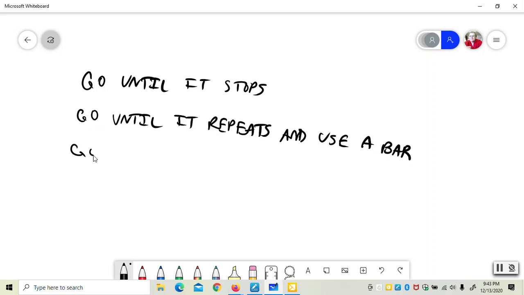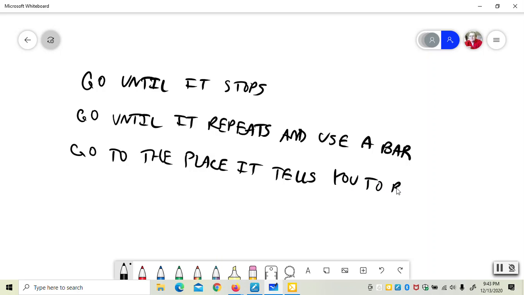Or you go to the specified place, which is a fancy way of saying the place it tells you, the book tells you, to round to.